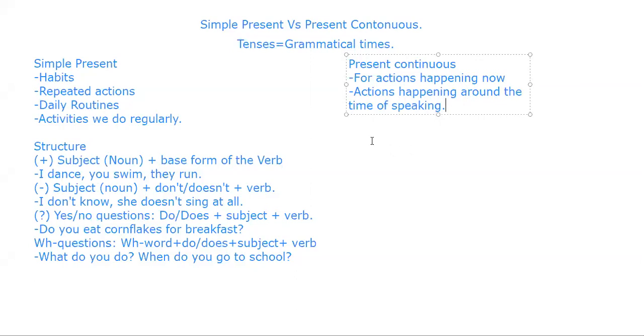So we got these two. You see the difference? Here we have habits, repeated actions, daily routines, activities we do regularly. We have permanent states also. But here we have actions happening now, right now, and actions happening around the time of speaking.